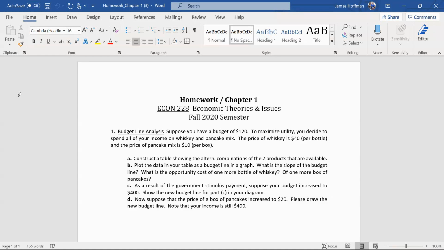And so this is the homework chapter 1. So you have another example, and you have a budget of 120, and you're going to spend all your income on 2 goods, which are whiskey and pancake mix. The price of whiskey is $40 a bottle, and the price of pancake mix is $10 a box. And then you'll do some similar analysis.